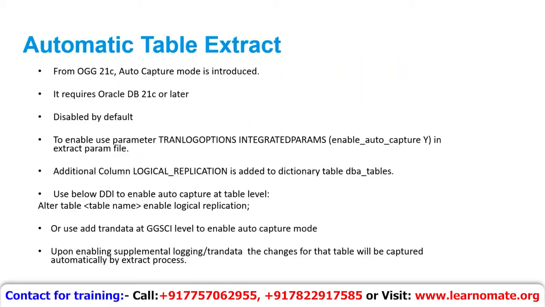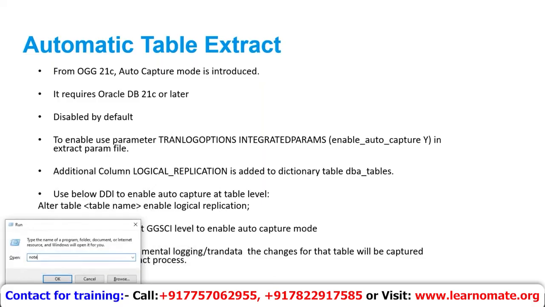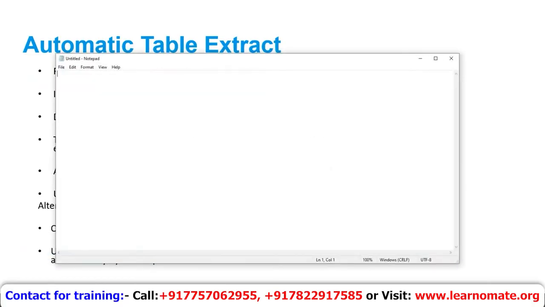Now let us talk about the automatic table extract feature of Oracle GoldenGate 21C. To do that, let me open a notepad first of all. Let me first discuss it and then we'll move forward. Until OGG 19C, when you have to add a table in GoldenGate configuration, what are the steps?